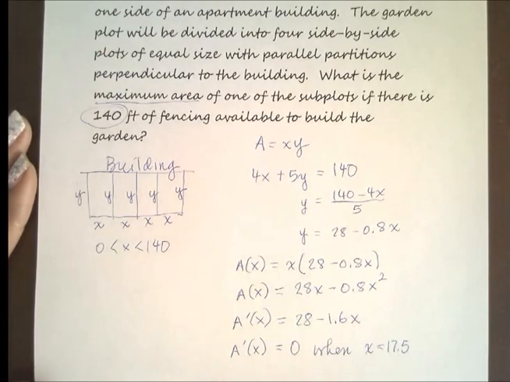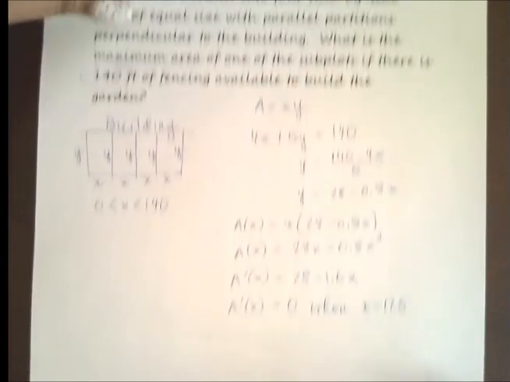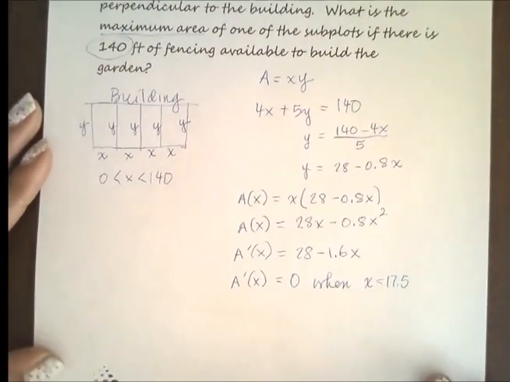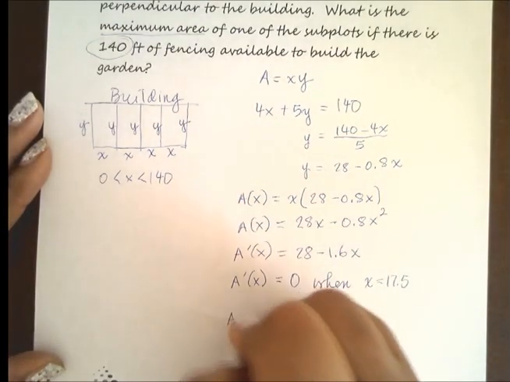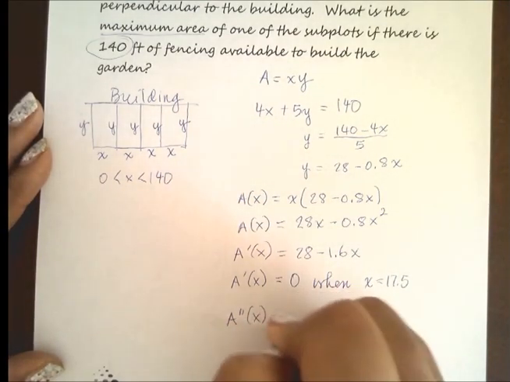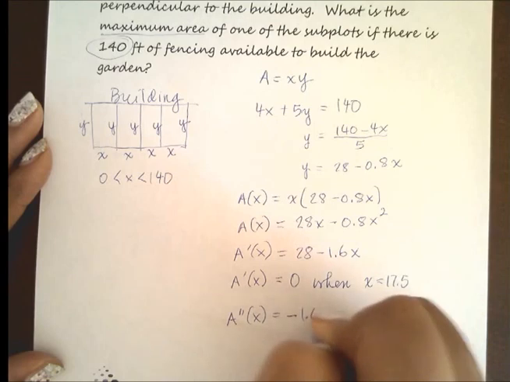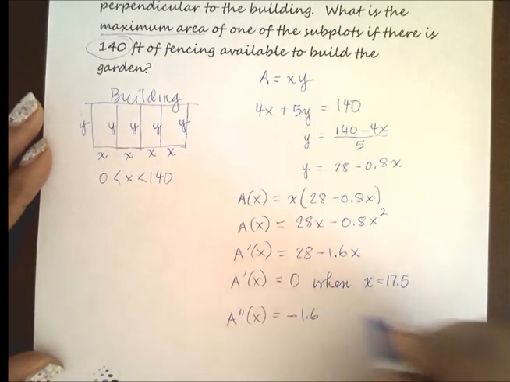Set that equal to 0 and solve for x. This might be a good time to use the second derivative test. So let's do that. This is going to be pretty easy. Just take the second derivative. Here's the first derivative up here. A double prime of x is equal to negative 1.6, which means that the second derivative is always less than 0.